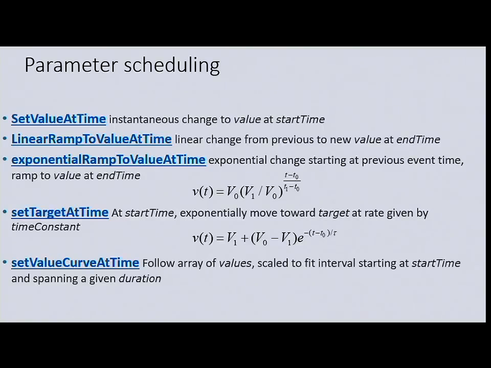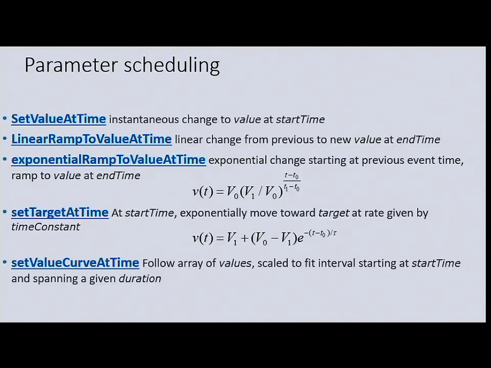You can have a linear ramp to a value at a time. So you change from whatever the value is now to a new value at some time in future. So you have a gain that is 1. You say over the next 1 second it's going to ramp down to 0.